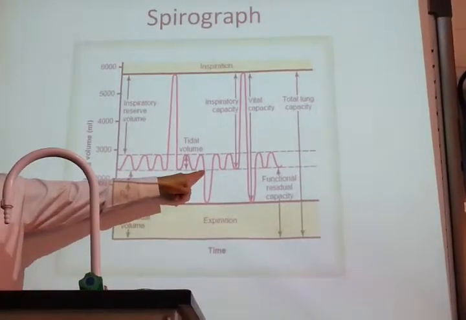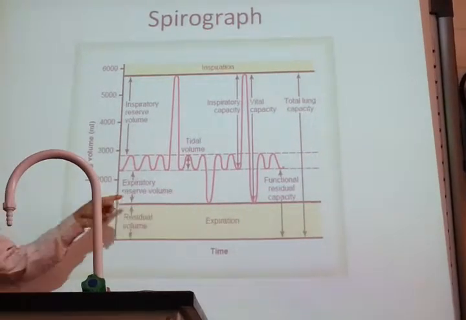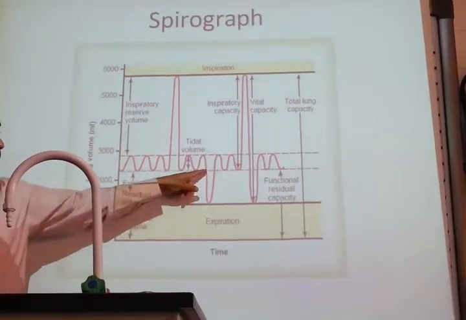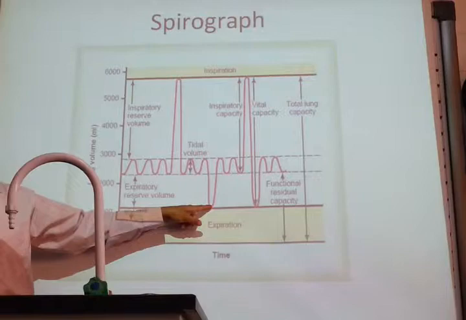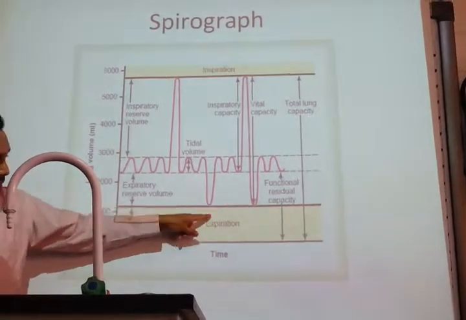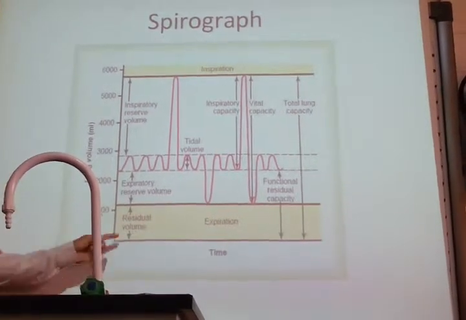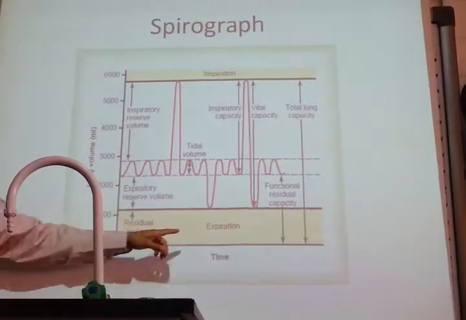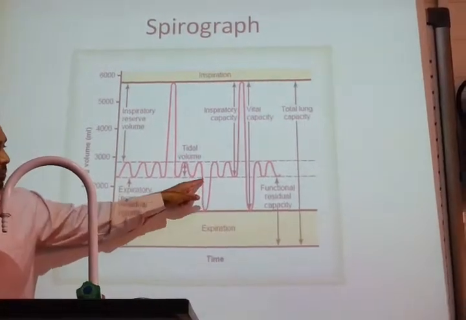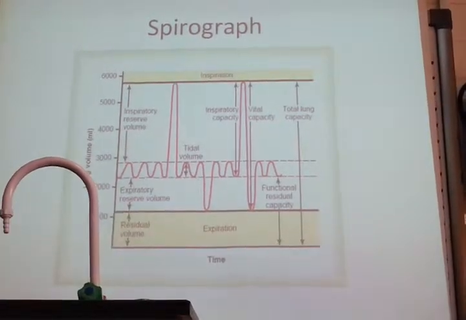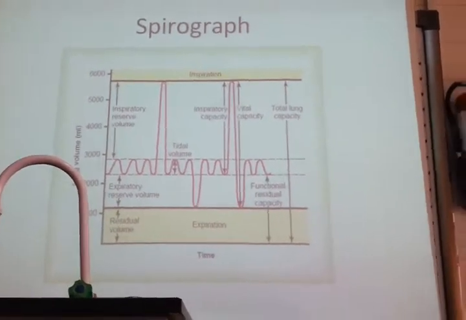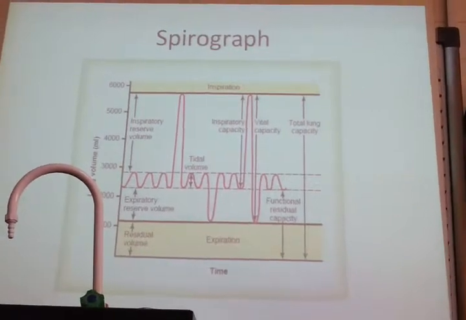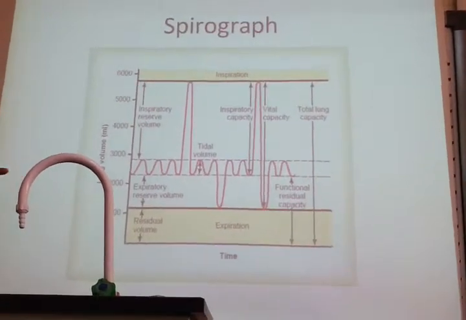So this is the expiratory reserve volume. Then you also know residual volume, 1200 milliliters. If you combine residual volume with expiratory reserve volume, this is called FRC, functional residual capacity. That answers your question.